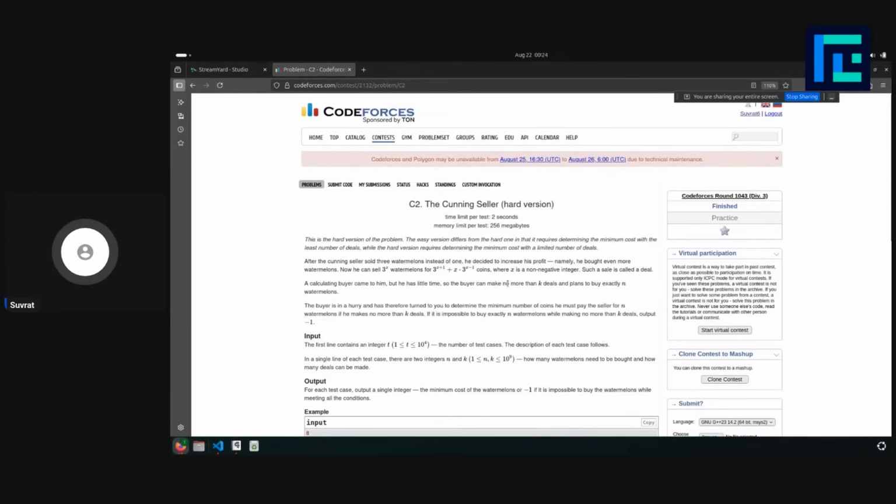So the buyer can make no more than K deals and plans to buy exactly n watermelons. The buyer is in a hurry and has therefore turned to you to determine the minimum number of points he must pay the seller for n watermelons if he makes no more than K deals. If it is impossible to buy exactly n watermelons while making no more than K deals, output -1.